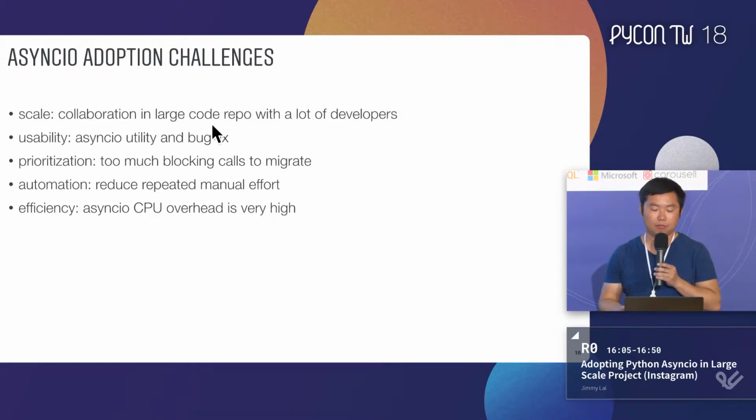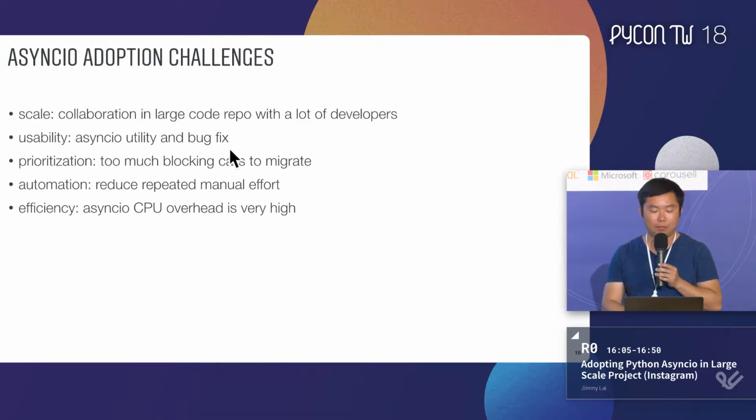How do we collaborate with a lot of product developers to gradually move from blocking I/O to async I/O? We also need to provide some utility to make async I/O easier to use, and also make sure moving to async I/O won't cause any application failure.